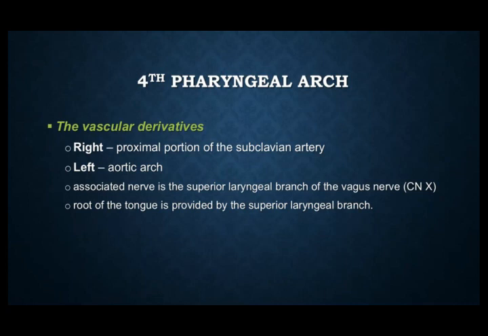It is also written that one of the branches of the vagus nerve, the superior laryngeal nerve, also supplies the root of the tongue, which is immediately posterior to the posterior one third of the tongue. So that is specifically supplied by the superior laryngeal branch.